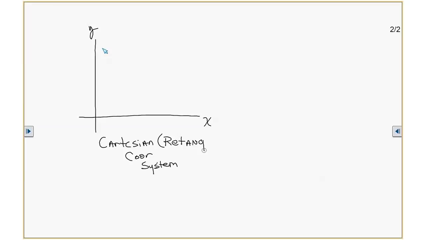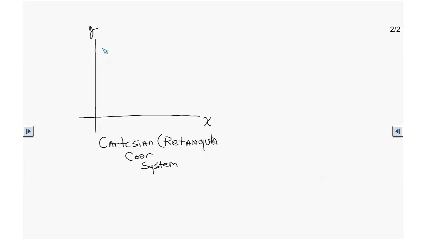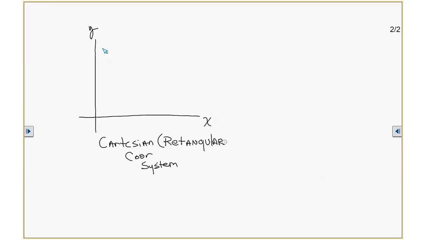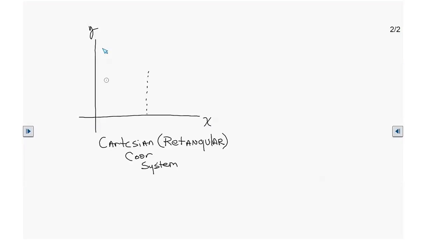Rectangular. Because everything pretty much looks like a rectangle as far as building it, if that's spelled right. Let's say you got a point here and here, that's X and Y.